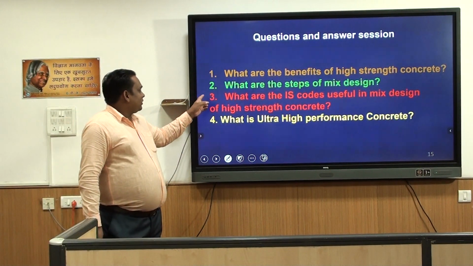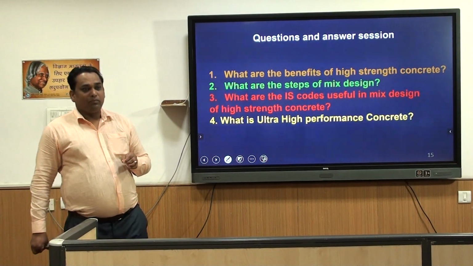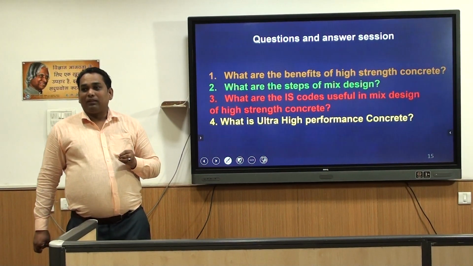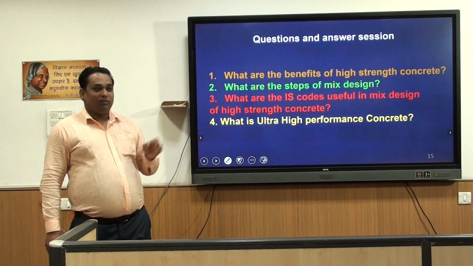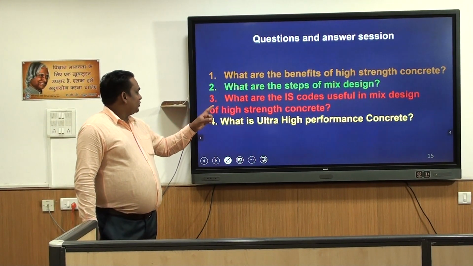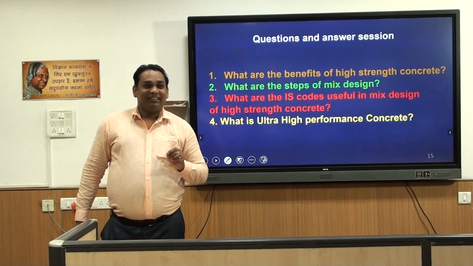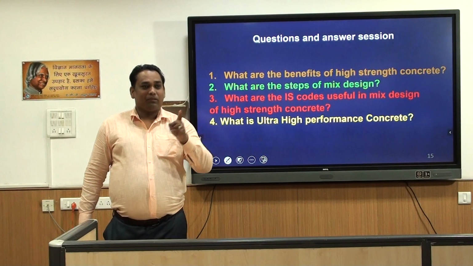And our second question: what are the steps of this design? Anyone? Given a table. As per IS code, we can do this. So what is the IS code useful for in mix design of high strength concrete? Very good answer.